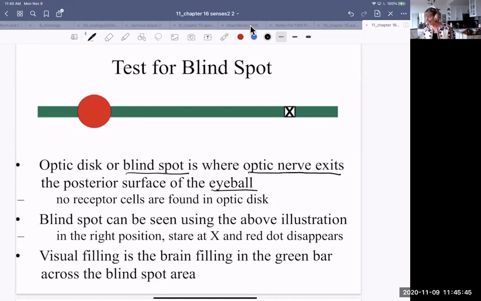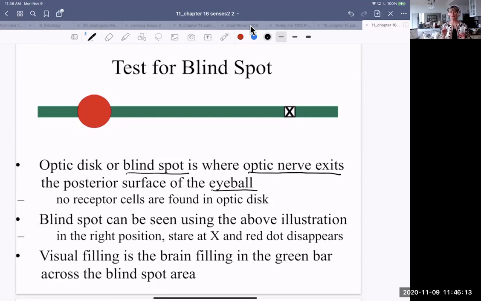So this is a test for the blind spot. You're supposed to look at the X from a certain position, and then the red dot will disappear. So I think you have to stand back a fair bit. If you close one eye, in this case, you'd have to close your right eye and look at the X. It depends where you are.